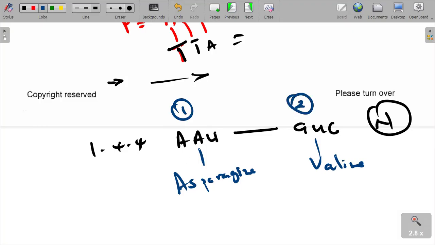So the first is asparagine, and the second is valine.